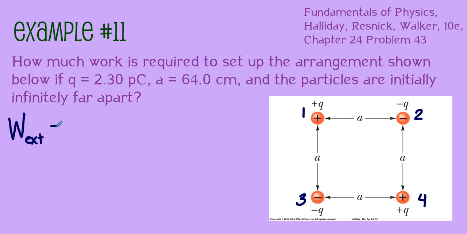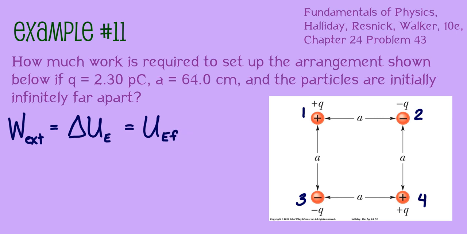Really, if I'm doing the work done by the external force, we know that that's the positive change in potential energy of the system. And we're going to say that initially they're all infinitely far apart. So that tells me that this would be equal to the final potential energy because the initial would be 0.